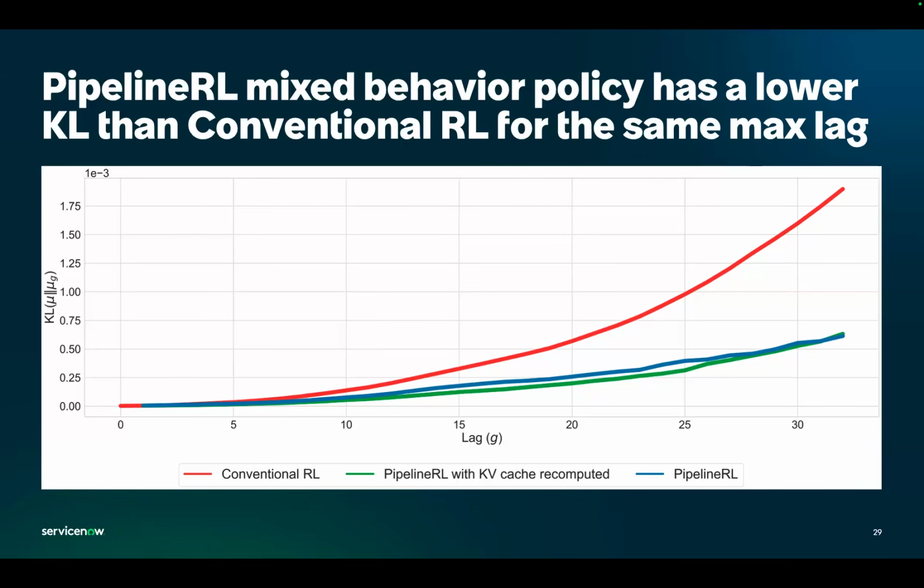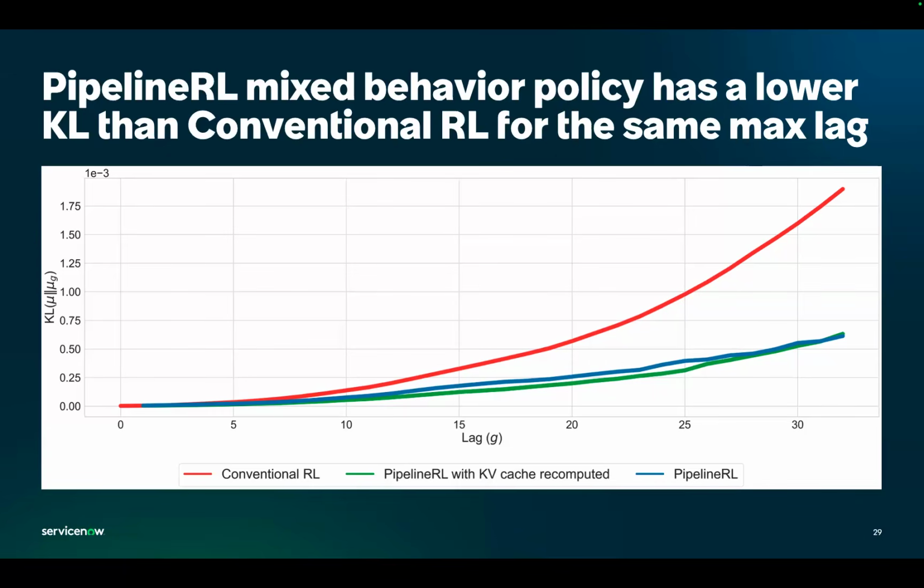On this slide, the x-axis is the lag between the behavior policy and the current policy, which is the maximum number of weight updates that happened between the two. So you take the token generated by the oldest version of the model, you take the current version of the model, and you look at the difference. That measure of staleness we call the lag.